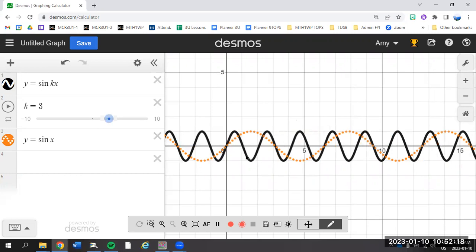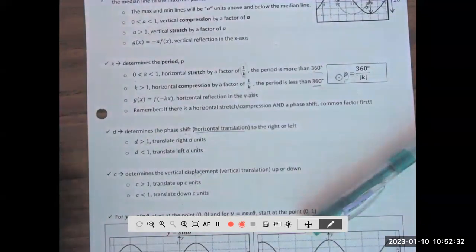So now you can see I have 1, 2, 3 cycles within a 360-degree range. And going back to here, what would my period be if my k value is 3? What is it? 120 degrees. Okay, and does anyone know what these lines around my k means? Absolute value, which means that even if k is negative, it will still be the same.